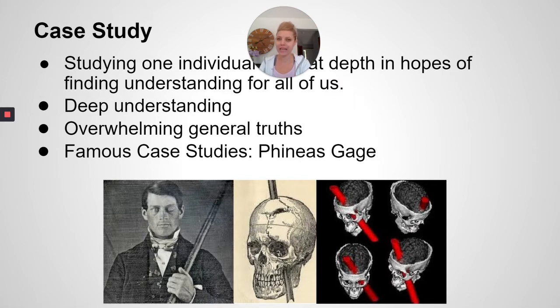The thing about a case study is that it allows me an opportunity to study a phenomenon that I wouldn't necessarily be able to see under normal circumstances. It's for something that is unusual or something that I couldn't replicate in an experiment. And I'm going to talk about this very famous case study of Phineas Gage in just a second.